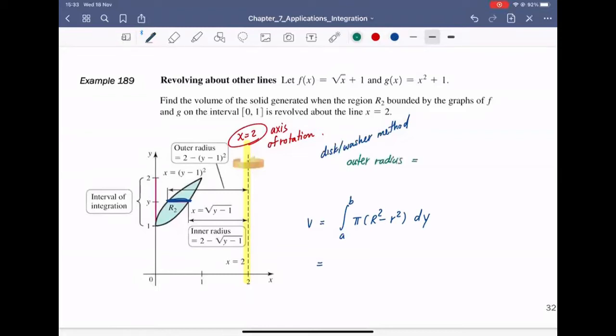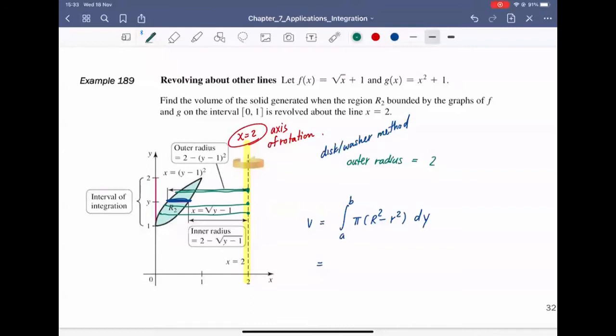The outer radius is going to be from the axis to the outer curve. The right hand side is going to be the number 2, right? It's x equal to 2 on the right hand side.